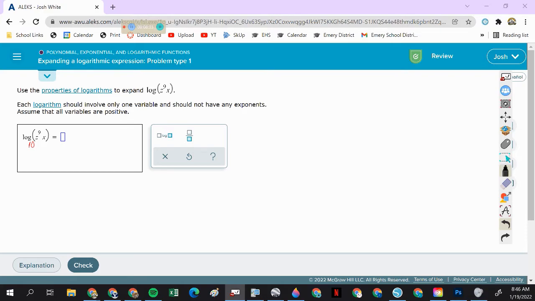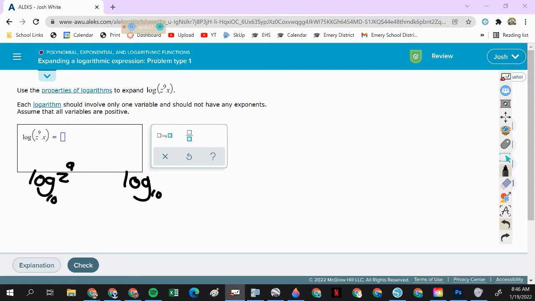So, excuse me. How do we expand this? So we're going to write this in 2 logarithms. What are they going to be? Log of, and there is a 10 on each of those. We don't need to write it though.